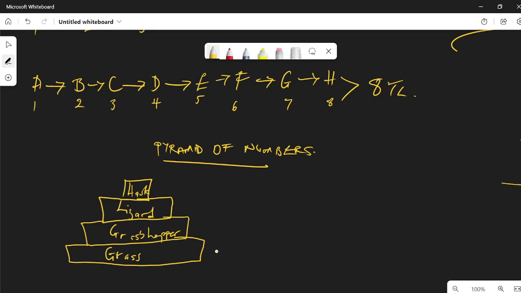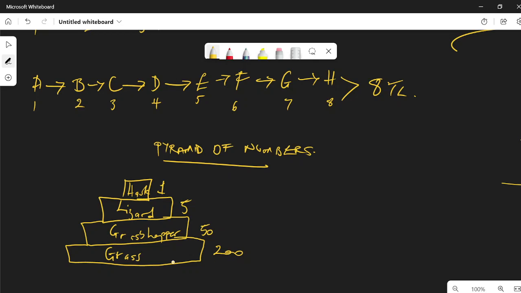So the number of grasses in this relationship, let's assume we have 200 grasses, and the grasshoppers feeding on the grasses are just about 50, and the lizards that feed on the grasshoppers, let's say 5, and the hawk is just one hawk that feeds on them. So this is how the pyramid of numbers looks.